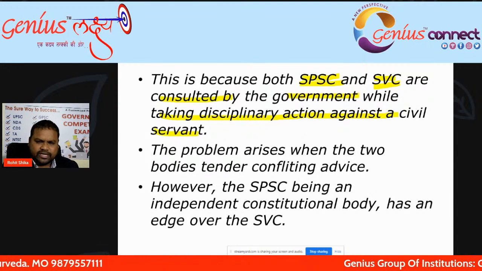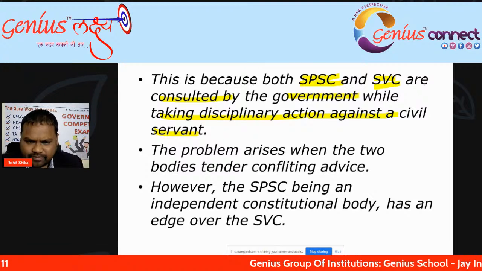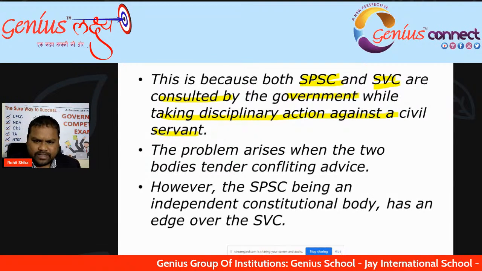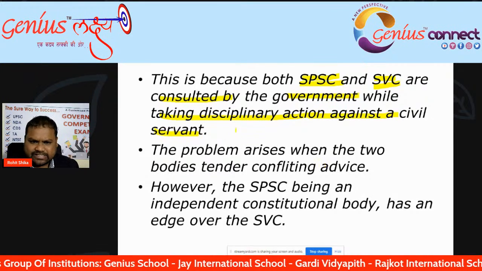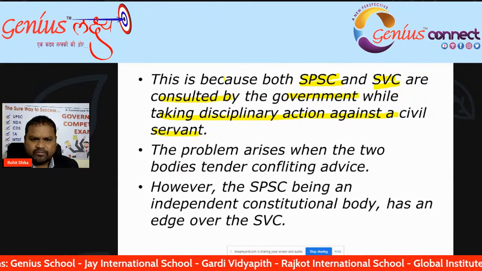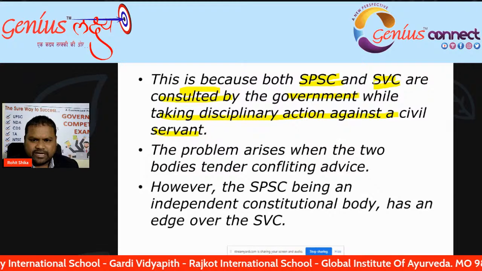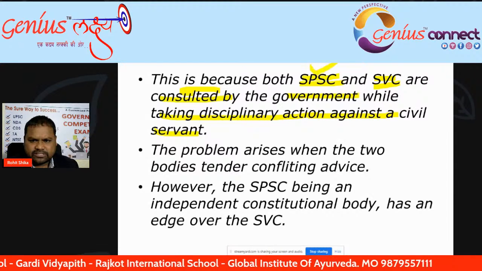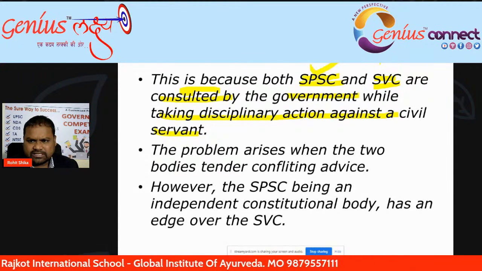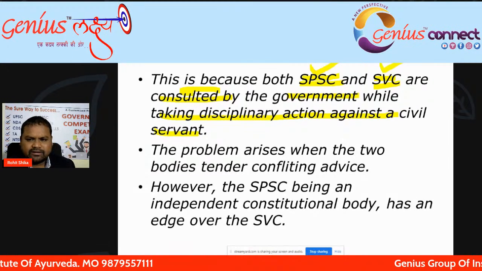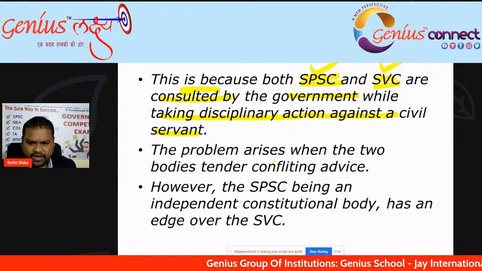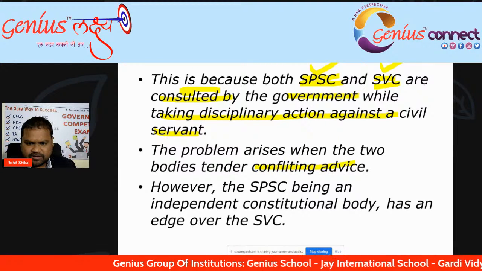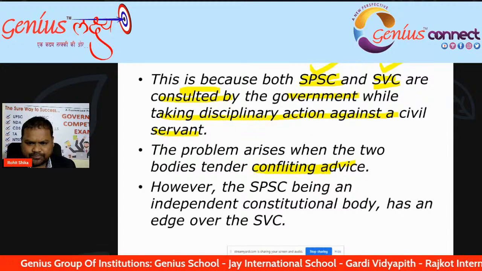Whenever government wants to take any disciplinary action against an officer, against a civil servant, at that time government takes the advice of State Public Service Commission and State Vigilance Commission, and then both may conflict because both will advise the government.